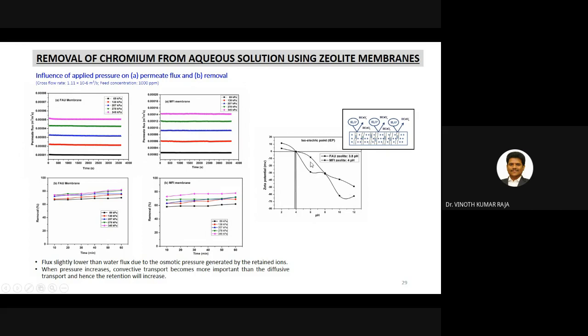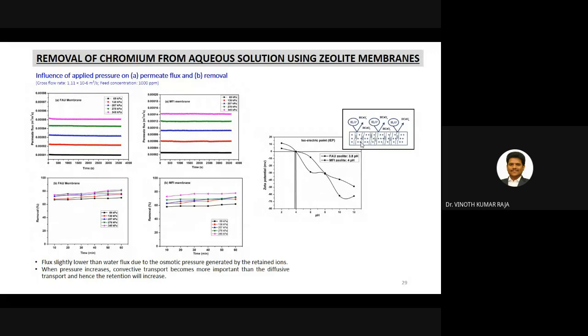Since the isoelectric point of both the membranes, that is the MFI membrane, is 4, the membrane is positively charged at pH less than 4, and the membrane is negatively charged when the pH of the solution is greater than 4.